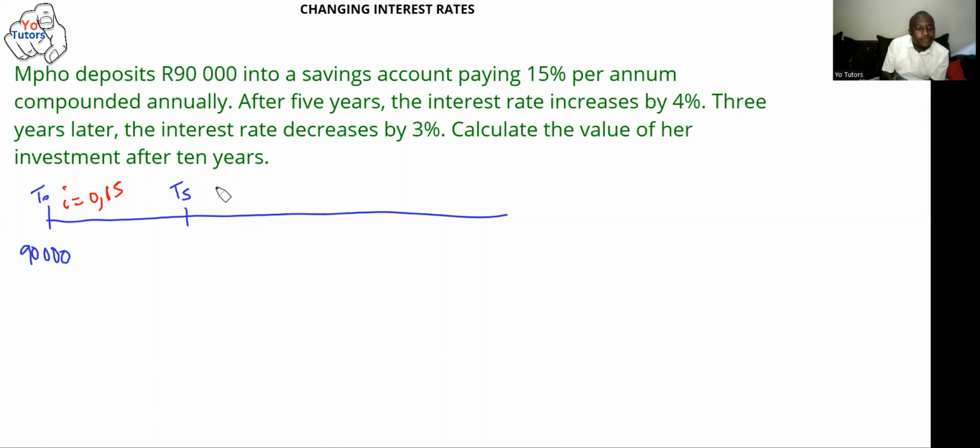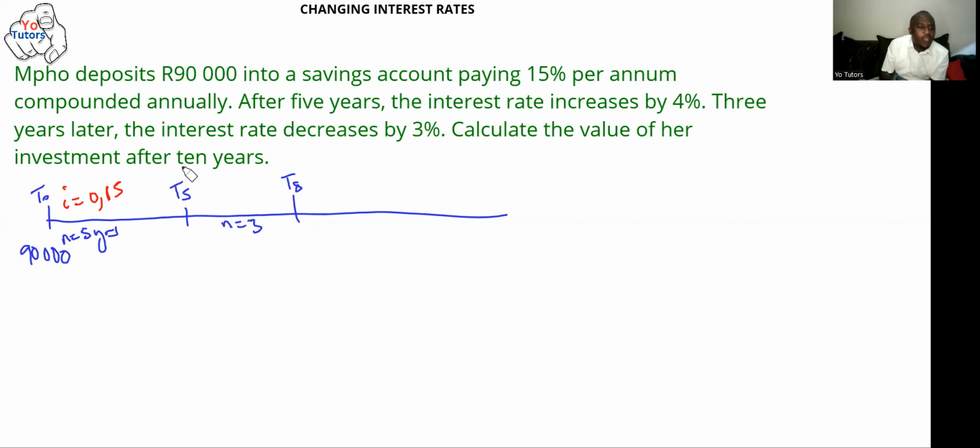Now we are told that after 5 years the interest rate increased by 4%. So 3 years later, we know that it's T8, so 5 plus 3. For T8, it is for 3 years here. So here it's 5 years, so n is 5. Then here n is 3.